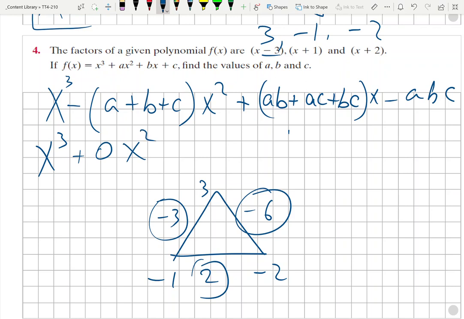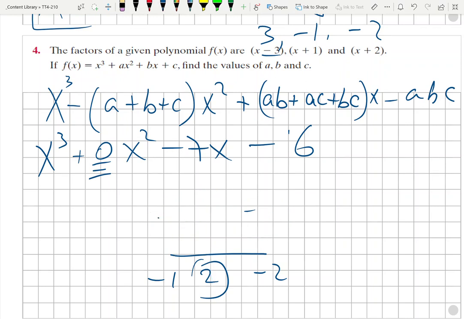And multiplying them all out was 6, and you need to negate that. It doesn't matter whether I negated that or not, because it doesn't make any difference. And we knew this was monic because all of the factors were monic. So A is 0, B is minus 7, C is minus 6.